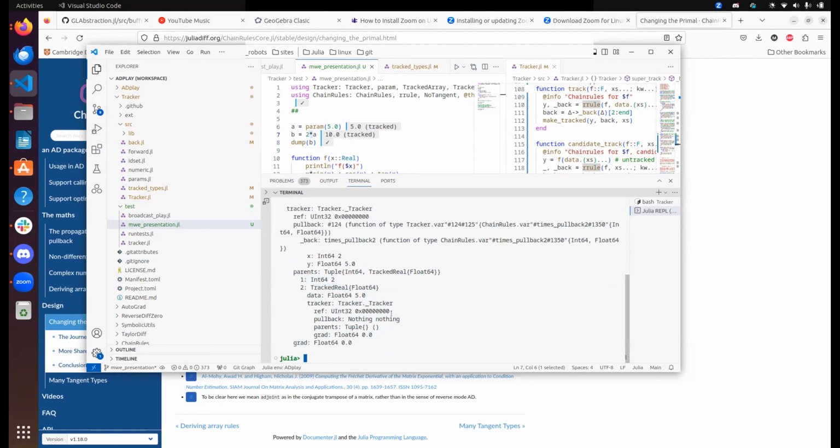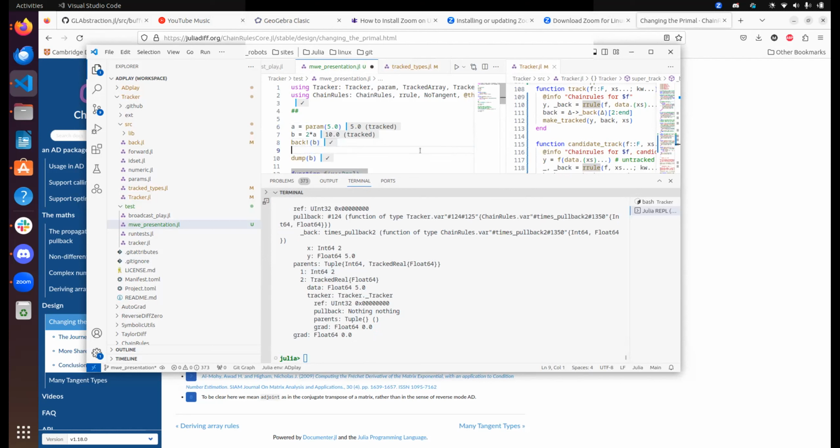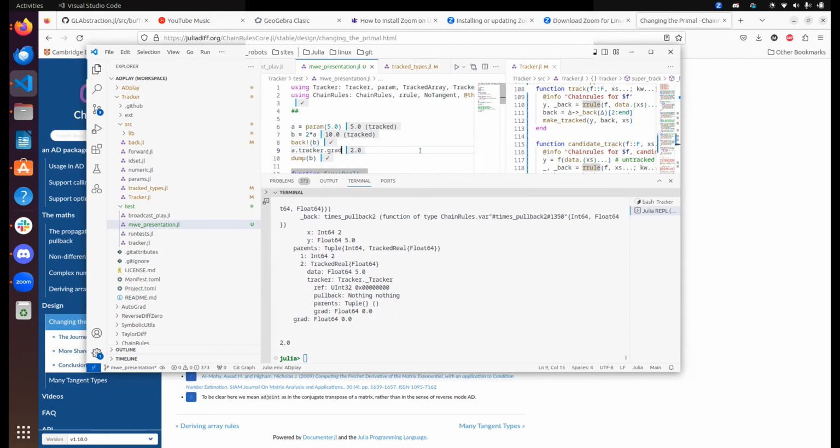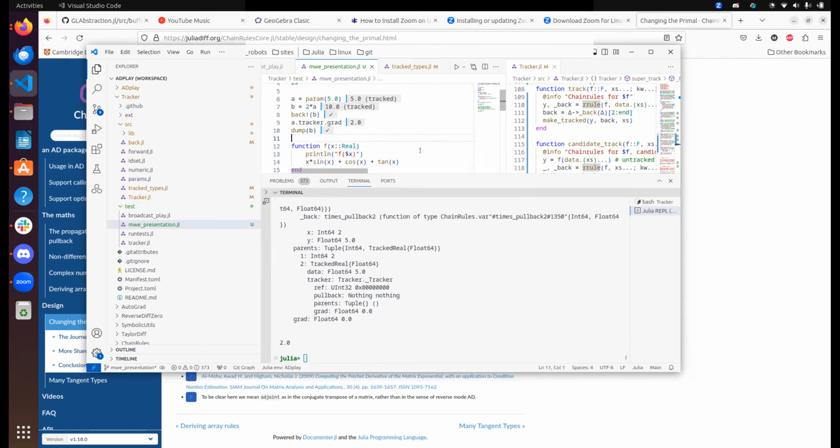So we create a graph with nodes. That's the main point. Now if we want to get the derivative of B with respect to A, we simply call back on B, and then extract the gradient of A, basically A.tracker.grad, and this shall be 2. Yes. Okay. Now it works with first order derivatives.